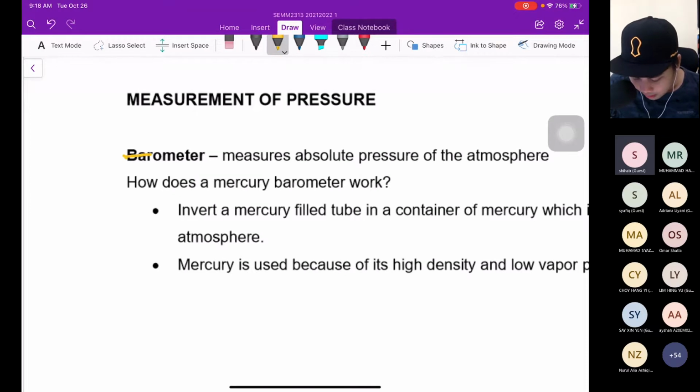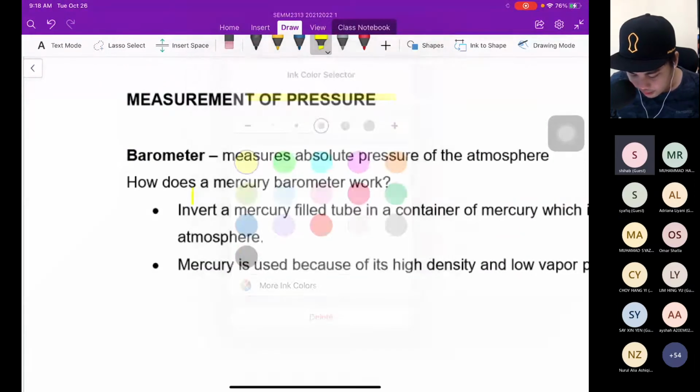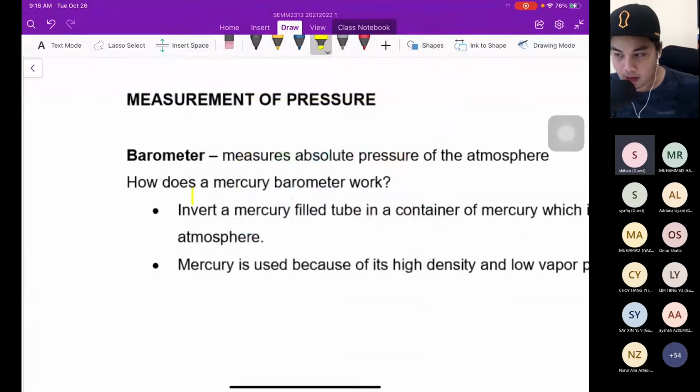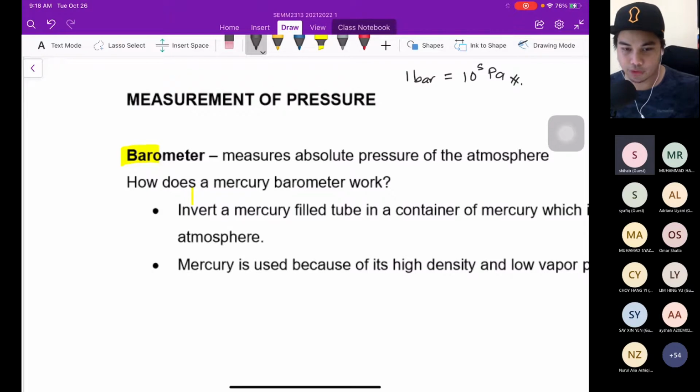You can see this is bar. Bar refers to a unit of pressure. We have Pascal, we have pound per square inch, we also have bar. 1 bar is equivalent to 10 to the power of 5 Pascal. This is what you need to know.